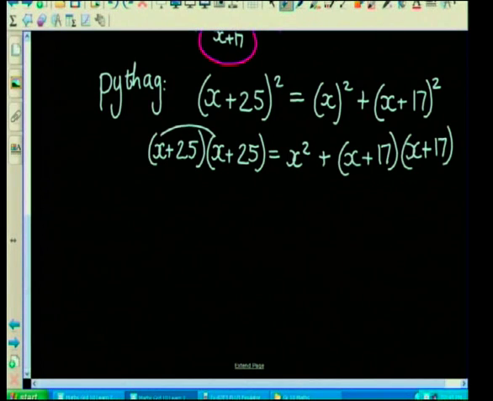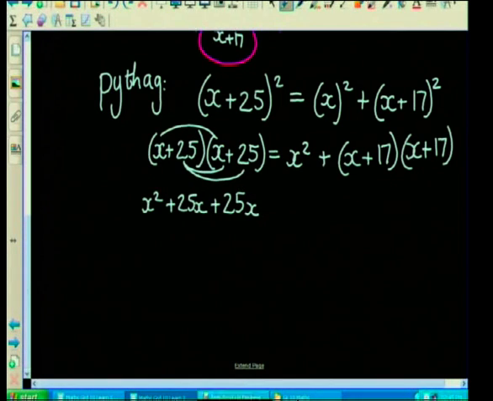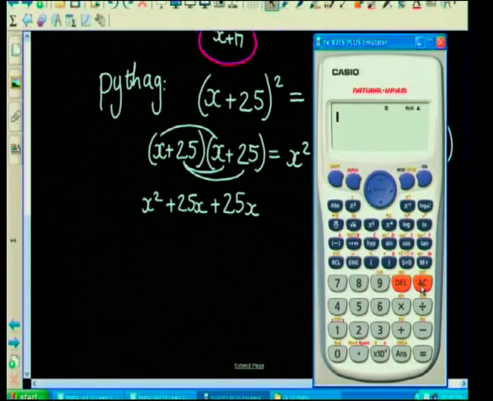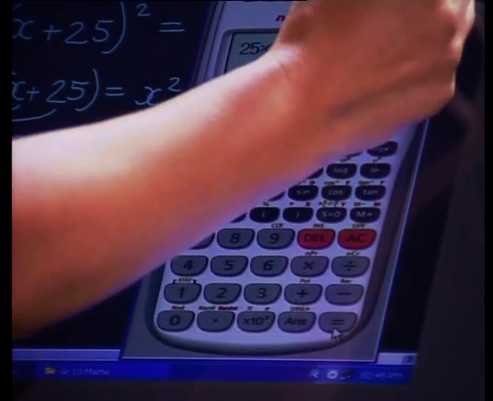Okay, x times x is x squared, x times 25 is 25x, 25 times x is 25x, and 25 times 25 should be 625, but let's check it just in case. And there we go, 625.